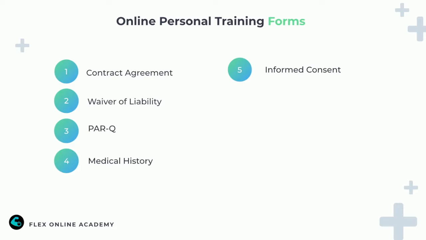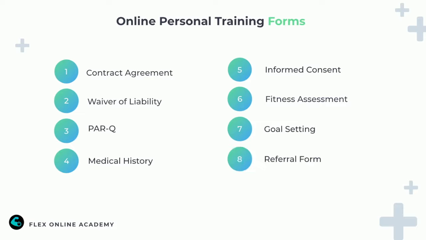The fifth is an informed consent form. Six is a fitness assessment. Seven is goal setting. Eight is a referral form. And nine, which is kind of not like a form, but I just added as a little freebie, a website privacy policy.